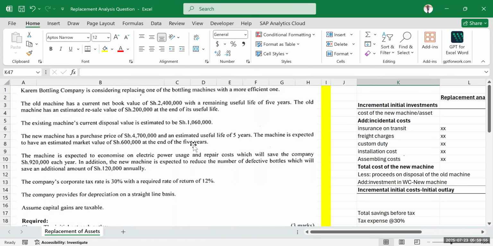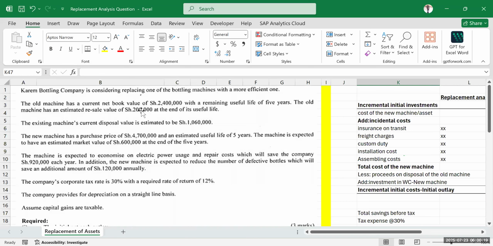The old machine, we are told, has an estimated resale value of 200 at the end.